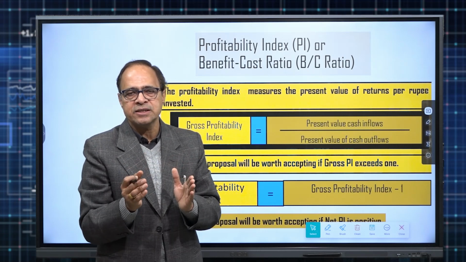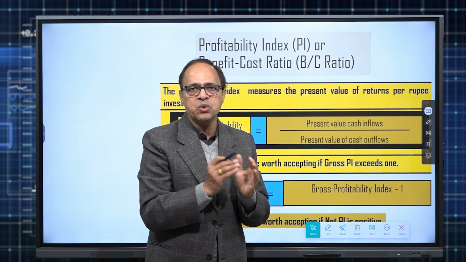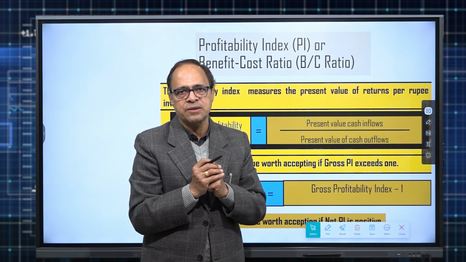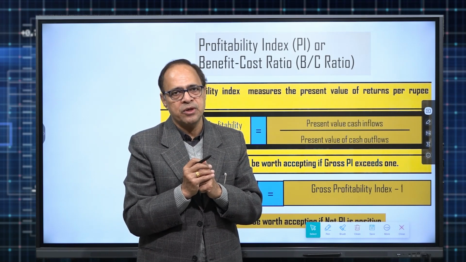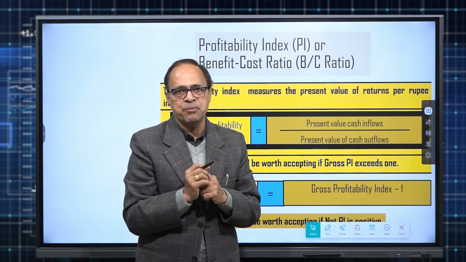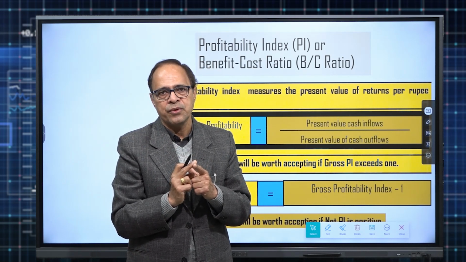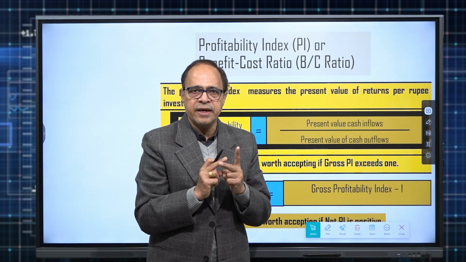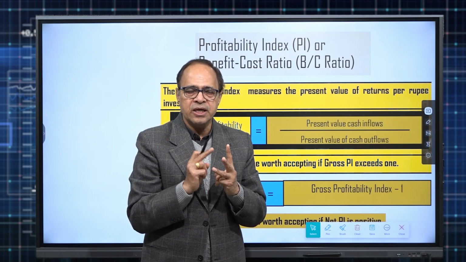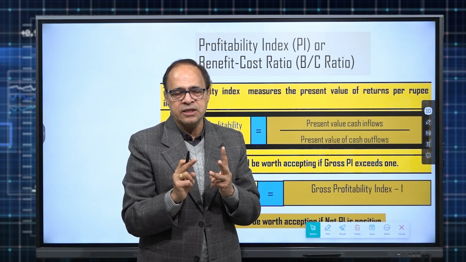So profitability index simply means, after considering time value of money, how much the company is going to get back in terms of present value for every 1 rupee of investment in the project. That is benefit cost ratio or profitability index. Now the question comes, how to calculate it. Steps are simple. Step number 1, estimate cash outflow. Step number 2, estimate cash inflow. Step number 3, calculate present value of cash outflow separately, and calculate present value of cash inflow separately.